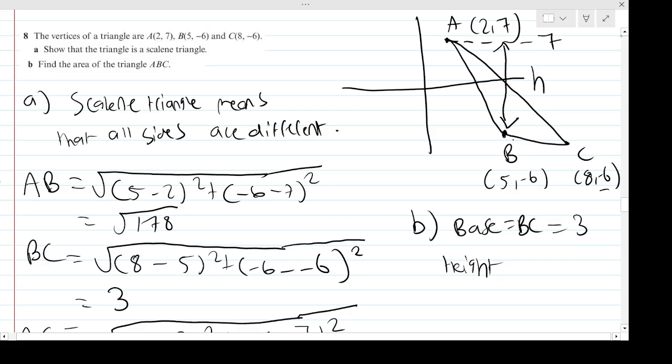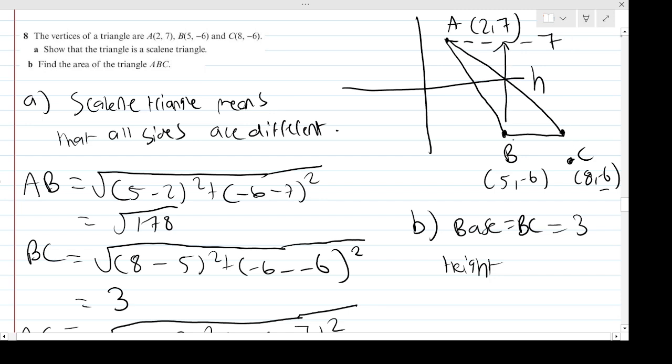So actually, C should be on the same level as B. So my triangle would look like that. Okay, so it's a nice flat base. Because if C was down here, then a base would actually go from up here to down there. But it doesn't matter in this case.